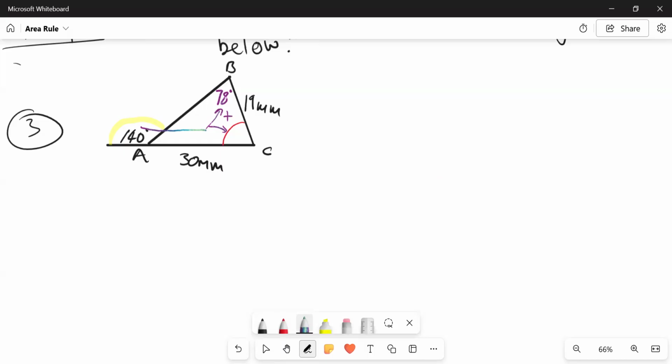Hence, I've decided to say the exterior angle is equal to the sum of the opposite interior angles, right? So what do I mean by that? I'm simply saying angle A is equal to angle B plus angle C, right? Now, what is our angle B? Angle B, that's 78 degrees. Angle C, unknown.